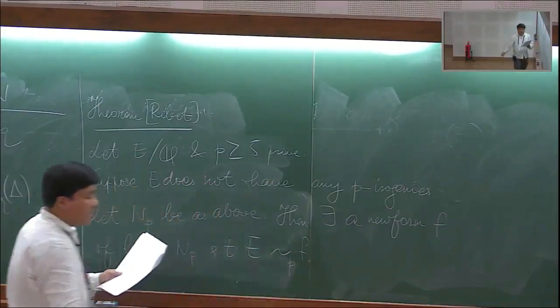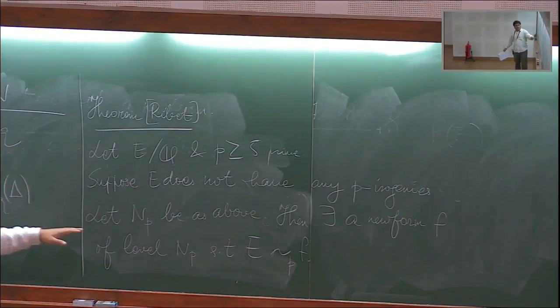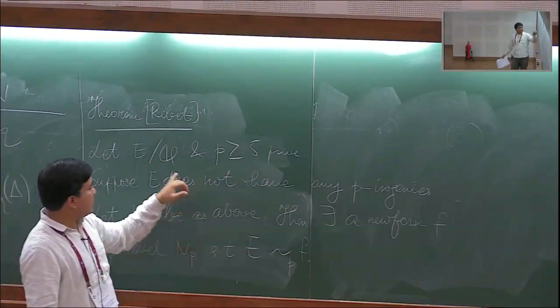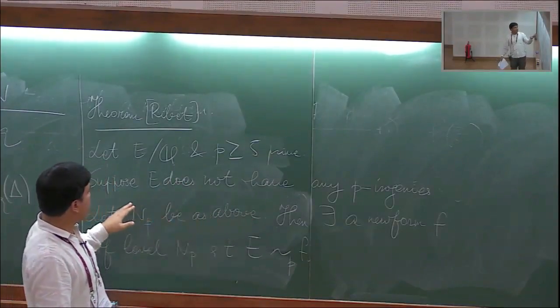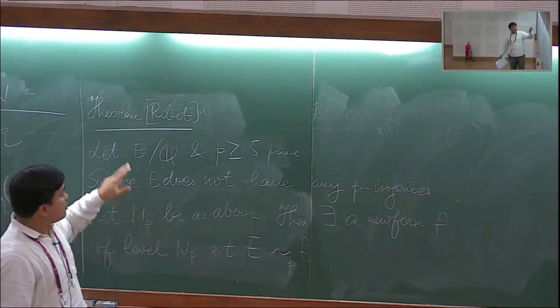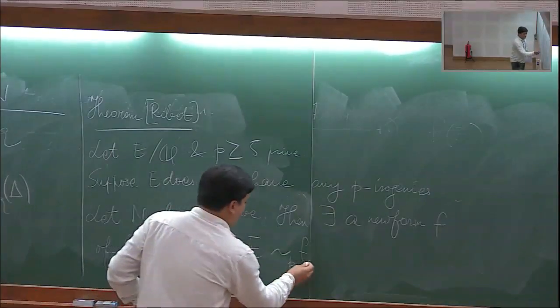Okay, so visibly you can see that N_P may happen to be less than N. Of course, it can still be 1, but the level N_P is less than or equal to the conductor N of the elliptic curve E. That's why this is called the level lowering theorem, due to Ribet.